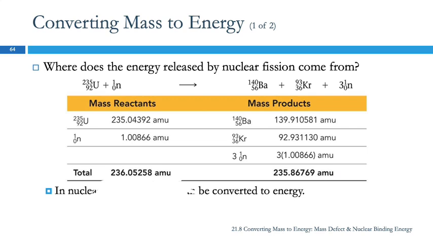So that's the mass we started with, and we're going to subtract the mass that we end up with. 236.05258 minus 235.86769. That's 0.18489 atomic mass units.